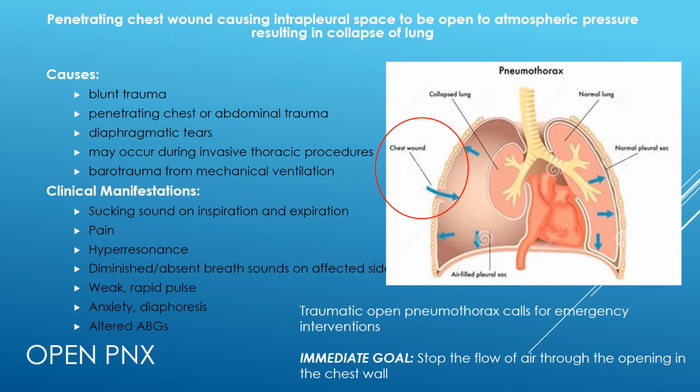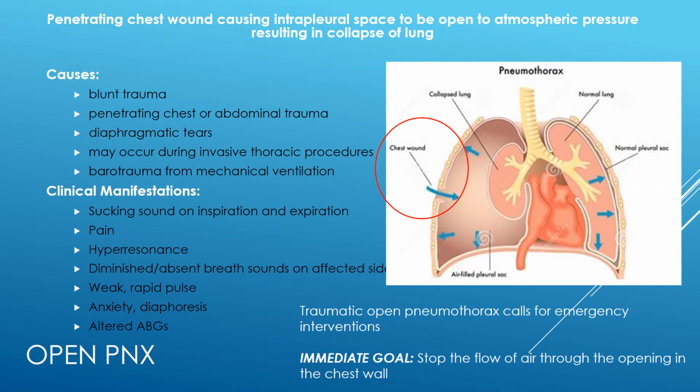So you can hear the air escaping in and out through the hole in the chest wall. So it's called a sucking chest wound. And they also will have pain, diminished or absent breath sounds, weak rapid pulse, anxiety, restlessness, difficulty breathing, altered ABGs.